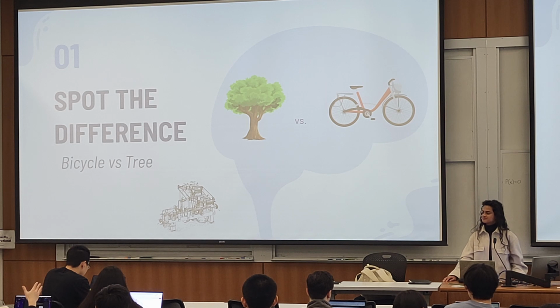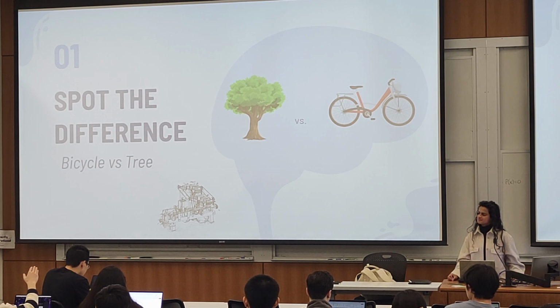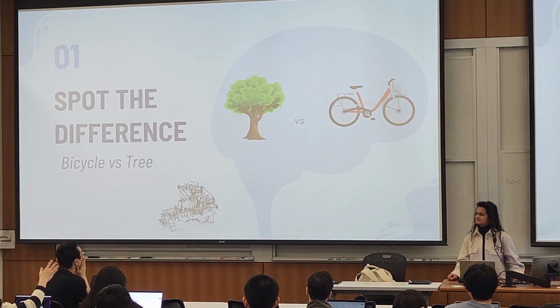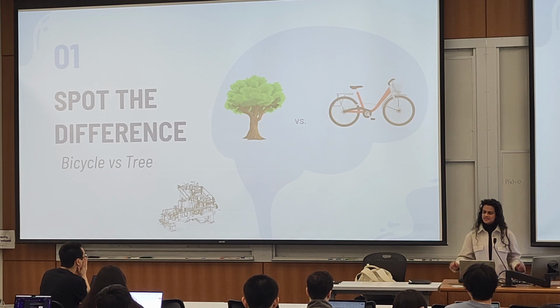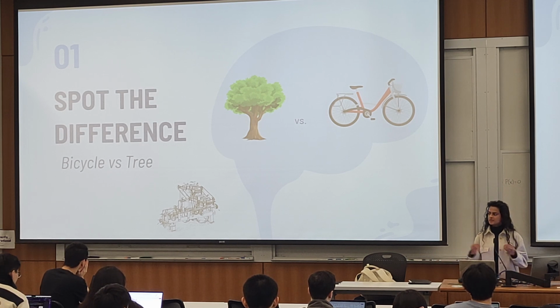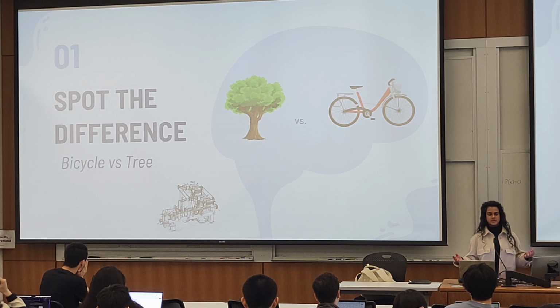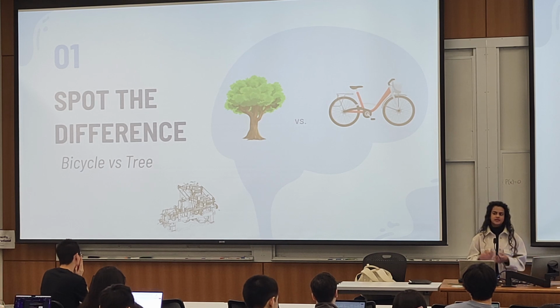If these are images, how much of the pixels fill in the empty space? In this case, the bike isn't taking up much space because the wheels are hollow and it's just a thin little frame. The tree is filling up the space more, so that's one way computers can tell the difference. Yeah, that's a great point. One of these things fills up a lot of space, like a tree with its branches and leaves, and a bike has a lot of holes in it.